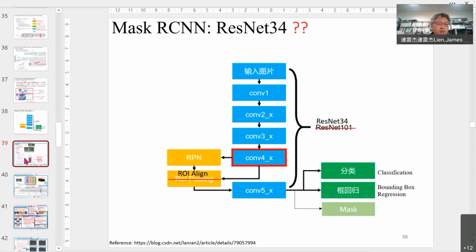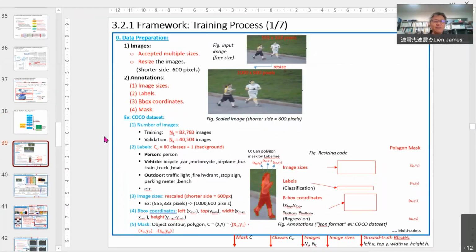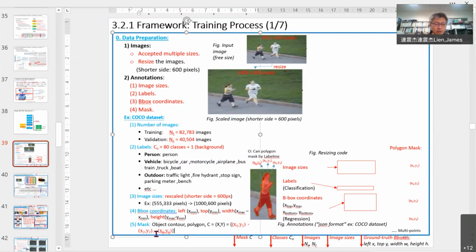Just be careful. And page 39 is more detailed about Mask R-CNN, but exactly the same as Faster R-CNN, except they have one more output for the mask. So here the same, but the difference is only here. We have a mask. And we will talk about this one very soon.